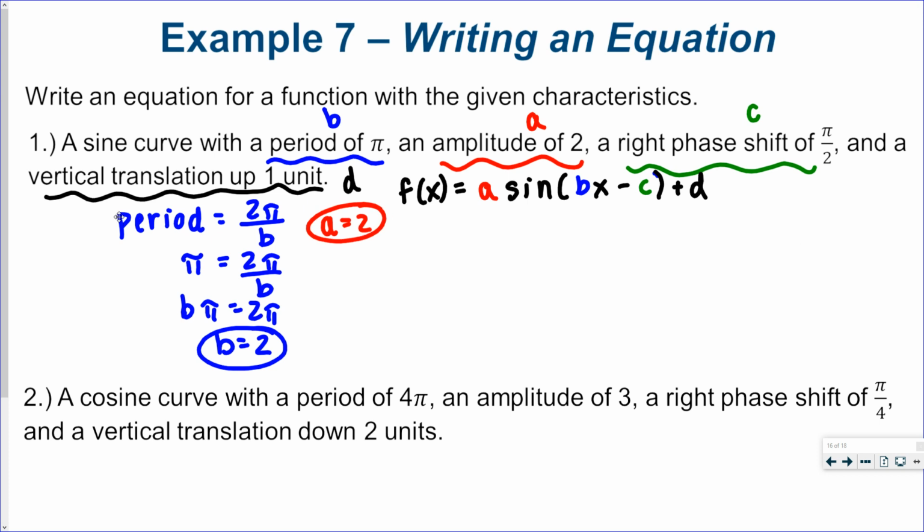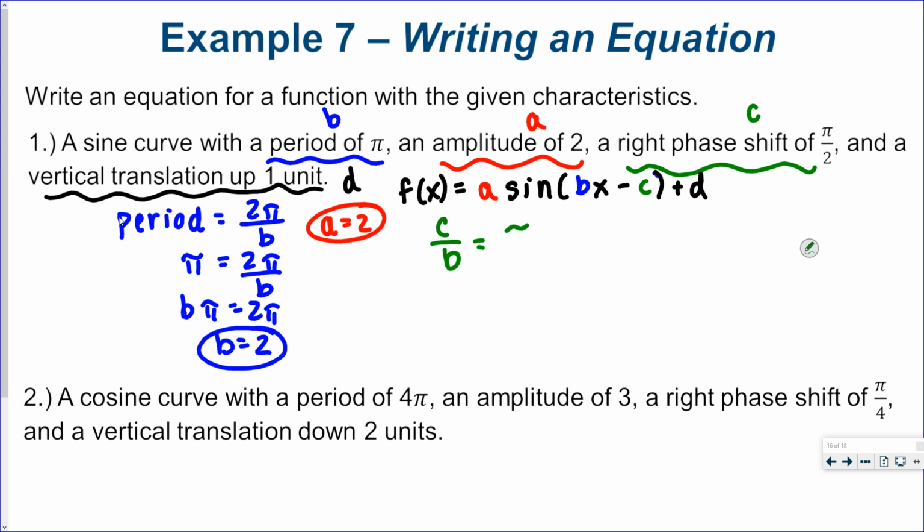Here's kind of the tricky part. A lot of people think my C is just pi over 2. But it's not, because I have another horizontal transformation going on here, so we have to factor that in. To find C, we have to divide it by B to get that phase shift of pi over 2.